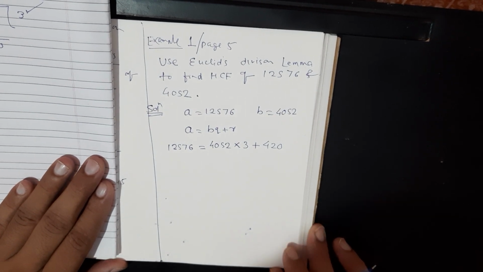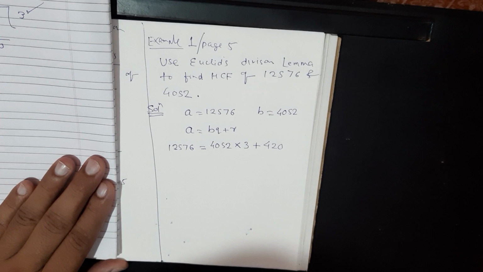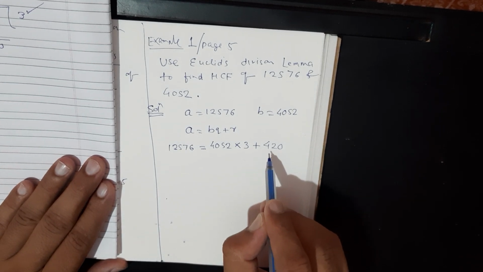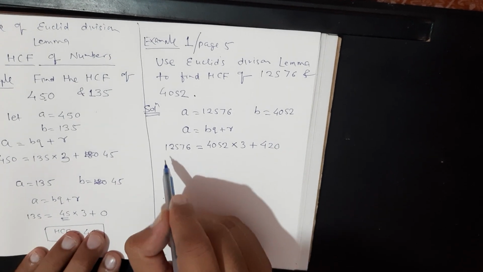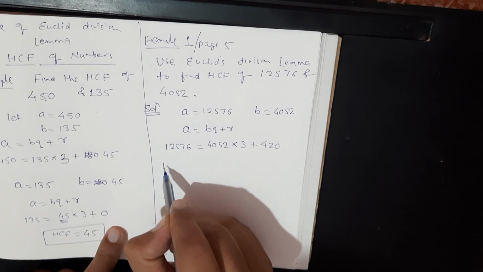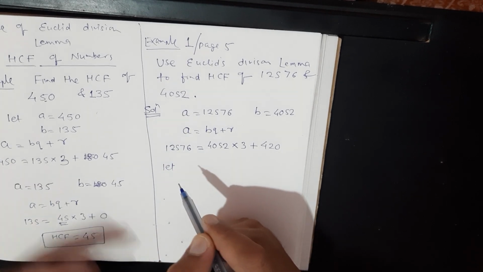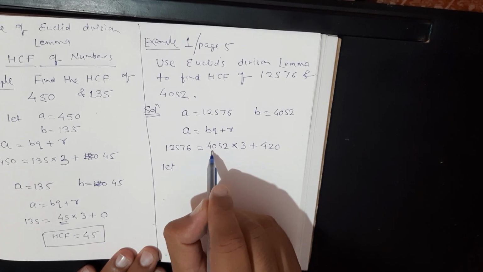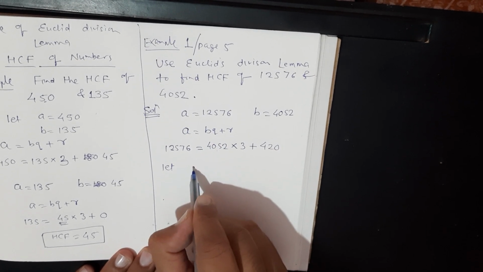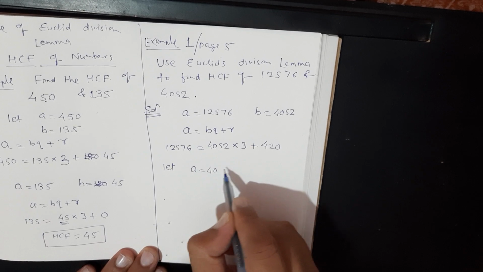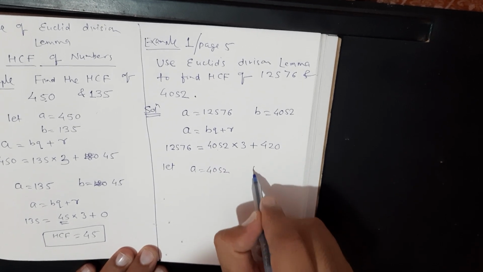You remember my words that this procedure will continue until your remainder is 0. It is 420 now. In the next procedure, this is your B and this is your R. In the next procedure, this is your A, and the remainder is the B.